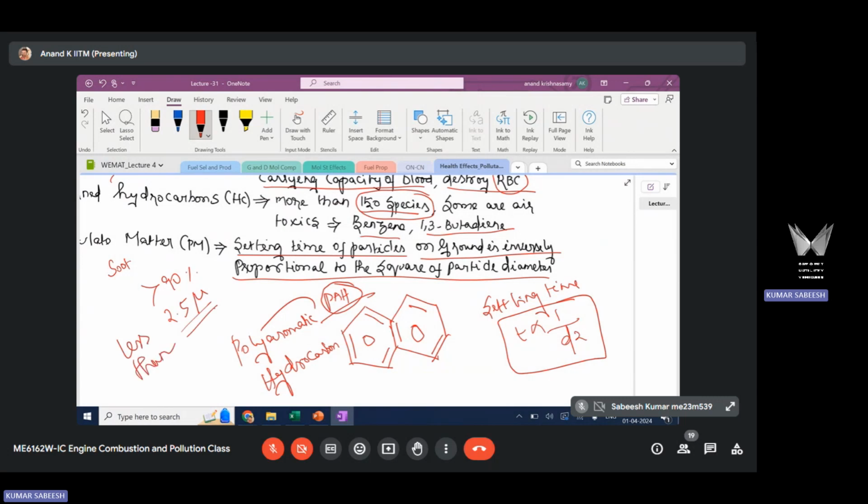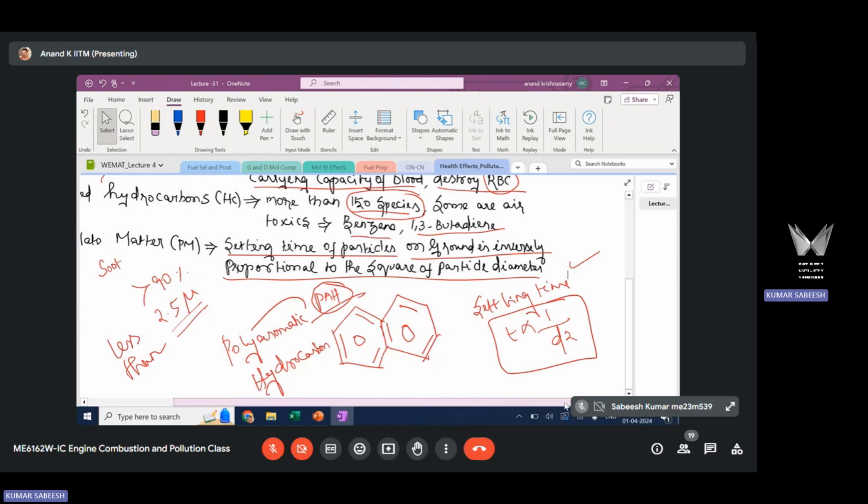So you have more small-size particles emitted from the diesel engine, with size less than 2.5 micron, and they take more time to settle down on the ground, meaning they are suspended in the surrounding ambient for a longer period of time.